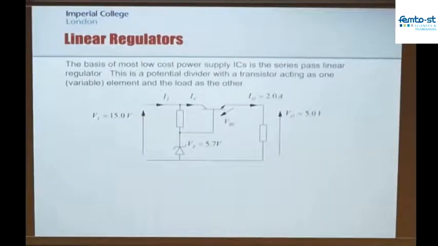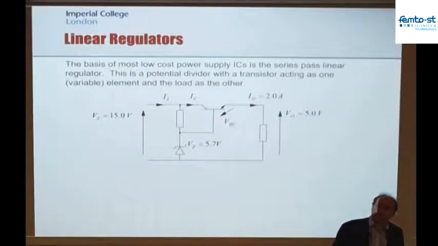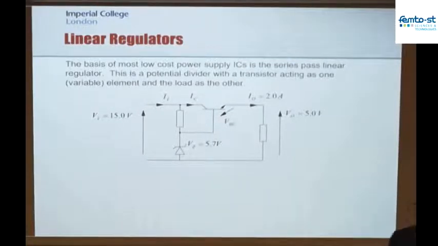So let's take this example of DC to DC conversion, and let's think about how it would have been done maybe 30 or 40 years ago, and perhaps how it still is done if you buy a really precision voltage source. Perhaps some of the laboratory power supplies that you use in the lab will still be done like this, because it can produce the best quality output voltage with the least amount of electrical noise.